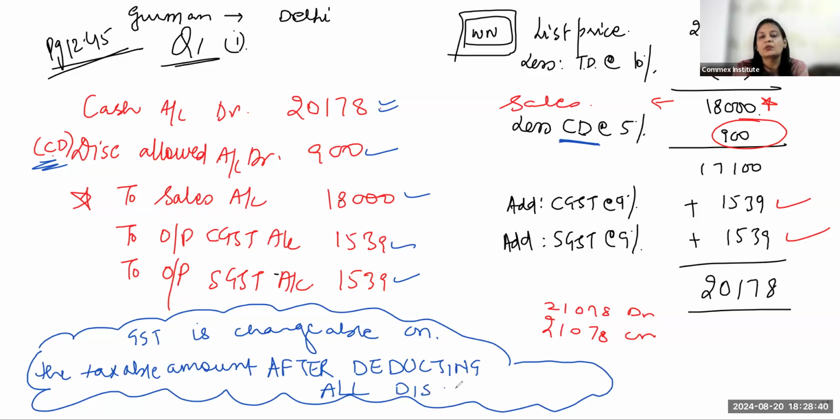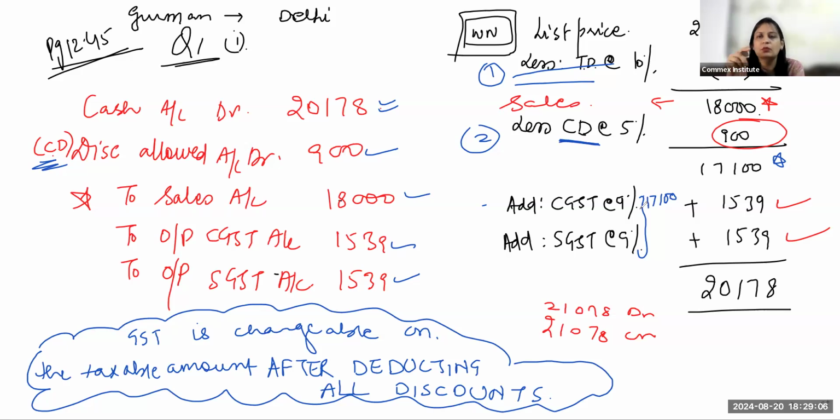All discounts. That is why first I deducted trade discount, because number one, trade discount is deducted. Number two, cash discount is deducted. And then on the net figure, that's 17,100, we calculate GST. 9% of 17,100 is 1,539.